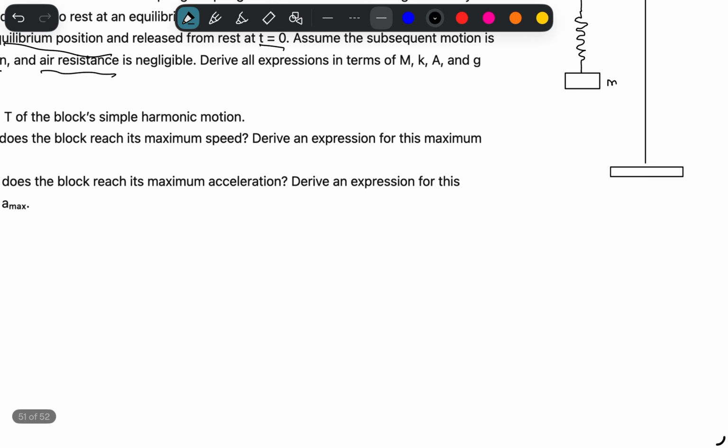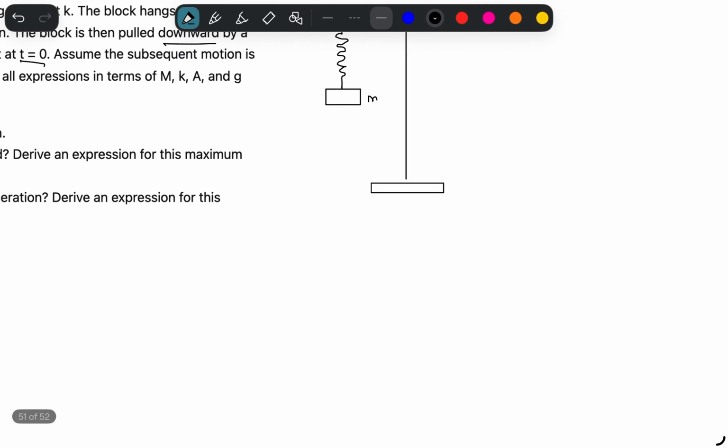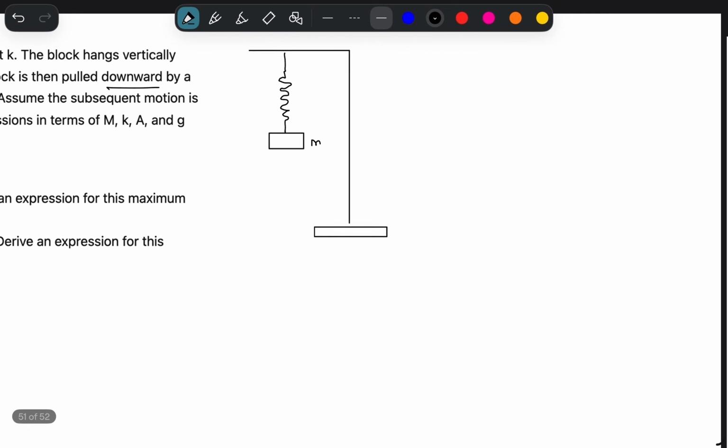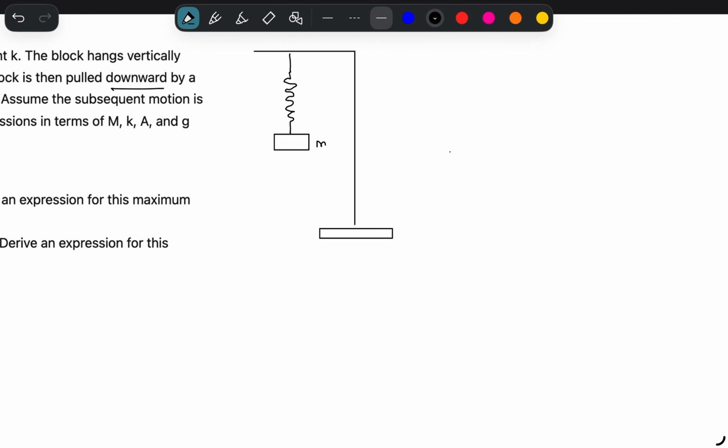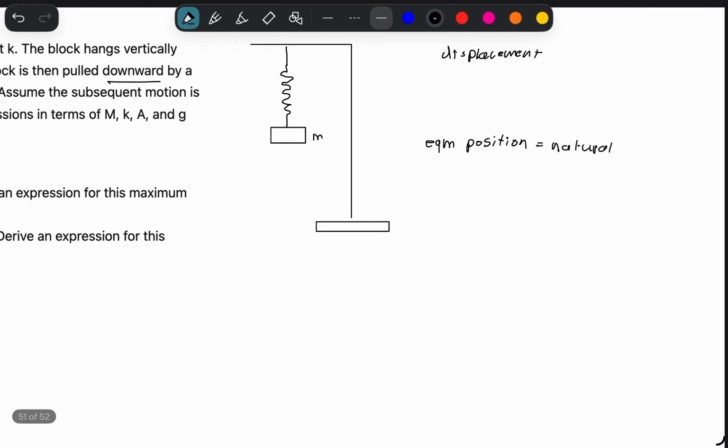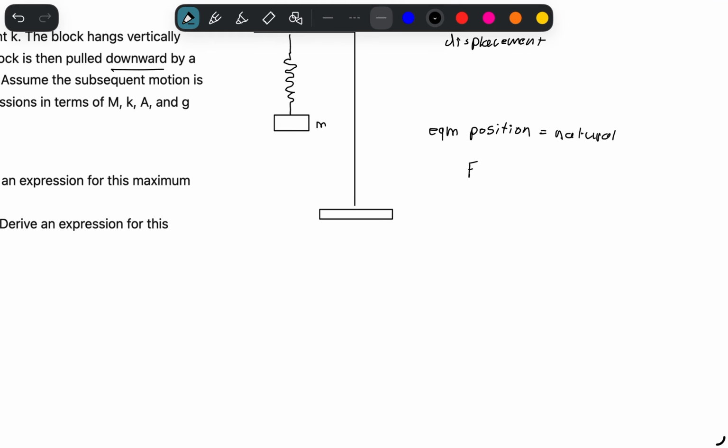So what we first want to do is we are going to have a measure of displacement from an equilibrium position, which is going to be the natural resting state of the spring. So we can describe this as a restoring force.